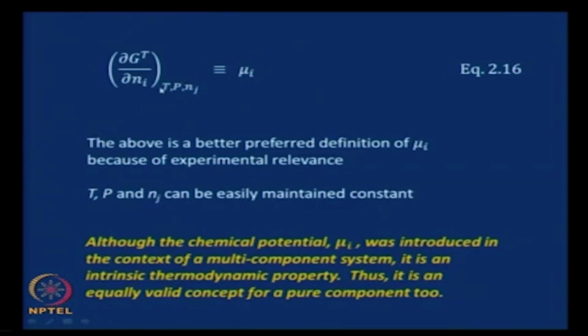These are very easy to maintain constant in an experimental situation, and therefore this definition of chemical potential has significant experimental relevance. Although you could define chemical potential as dou Ut by dou ni at certain variables constant, dou At by dou ni at certain other variables constant, and so on and so forth, this definition is most commonly used.